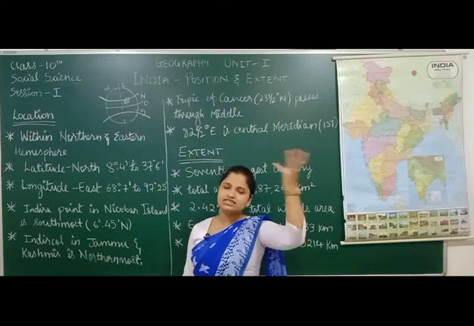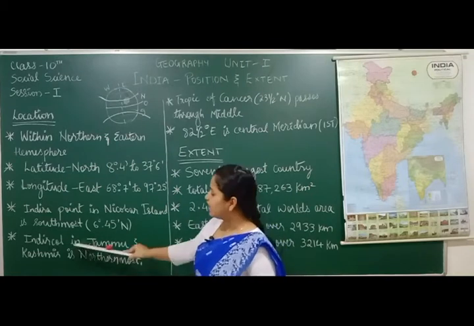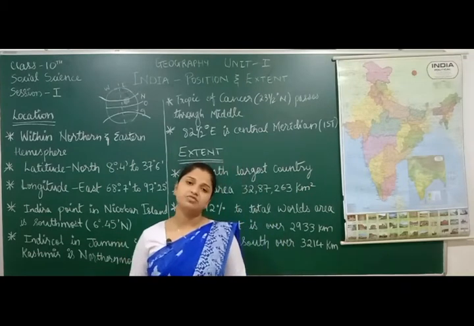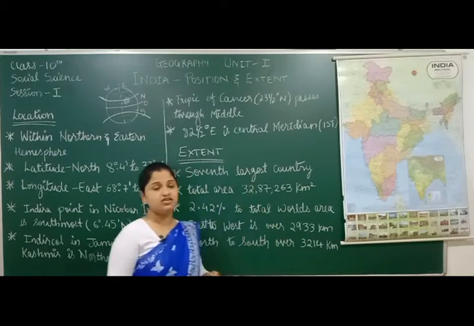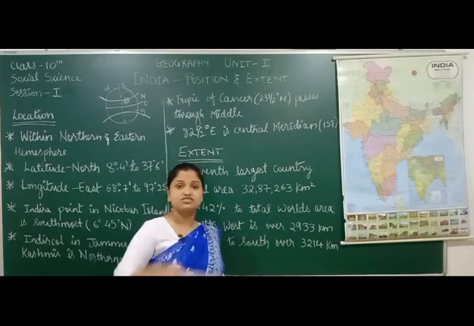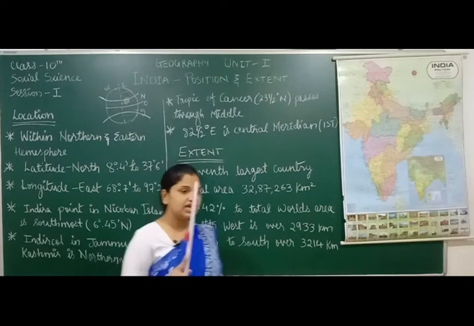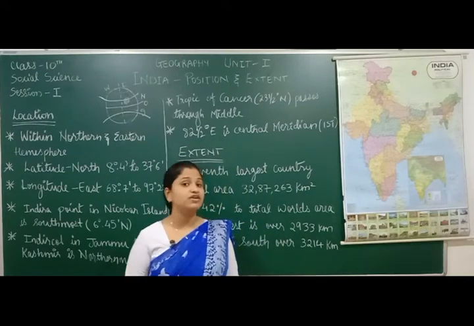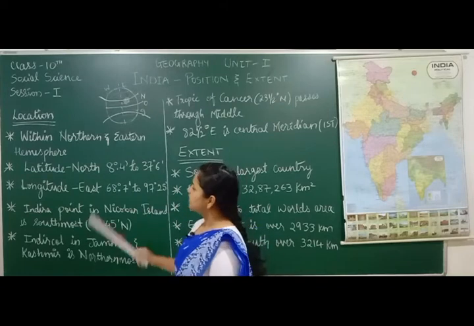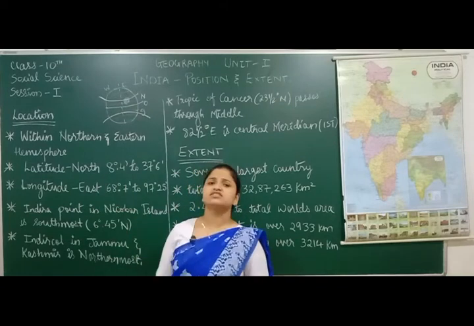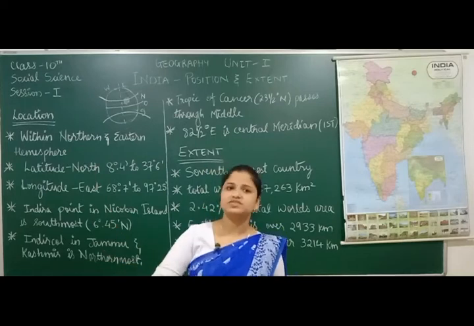Because that country's time is something else. For our country, the time will be the same for everyone. Whatever time is decided by the central meridian, the Indian Standard Time, that meridian is going to decide the time. That time all the states are going to follow in India.